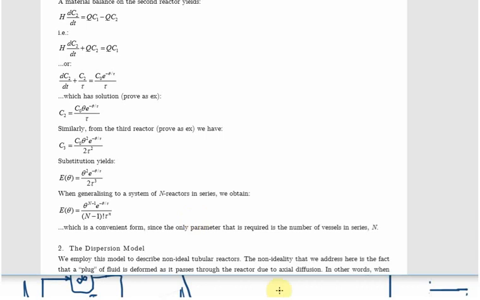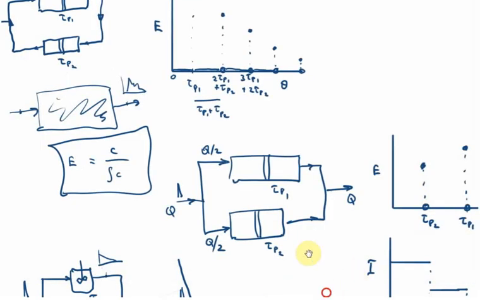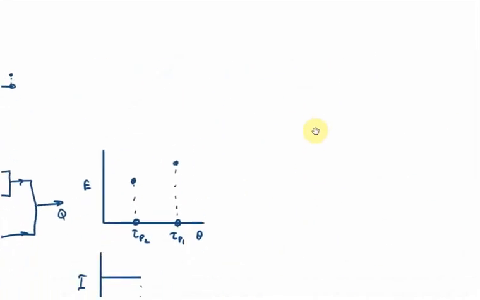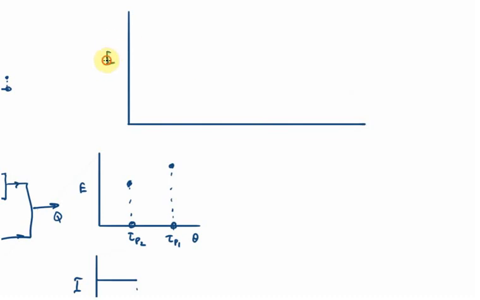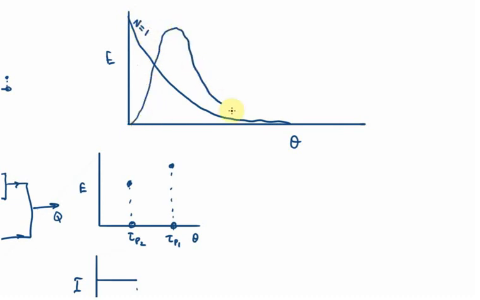And if we were to plot this out, remember we know for 1 tank we've got a simple exponential decay. So 1 tank looks like this, this is n equals 1. Then if you've got 2 tanks, it looks like this.